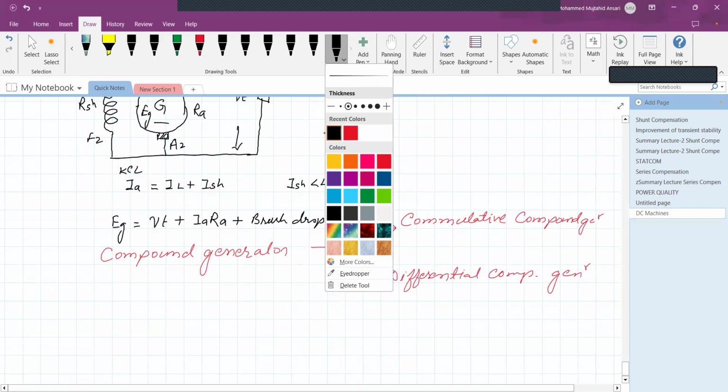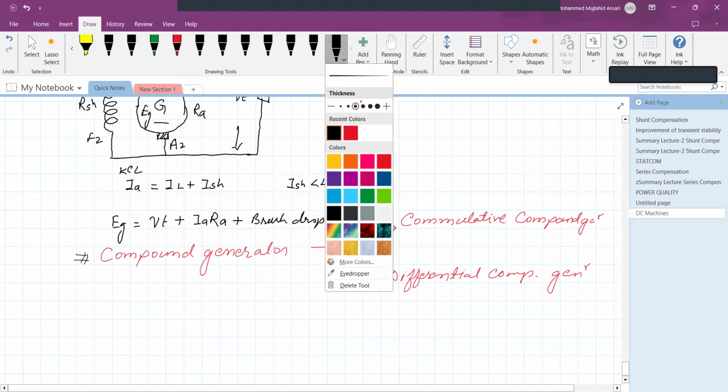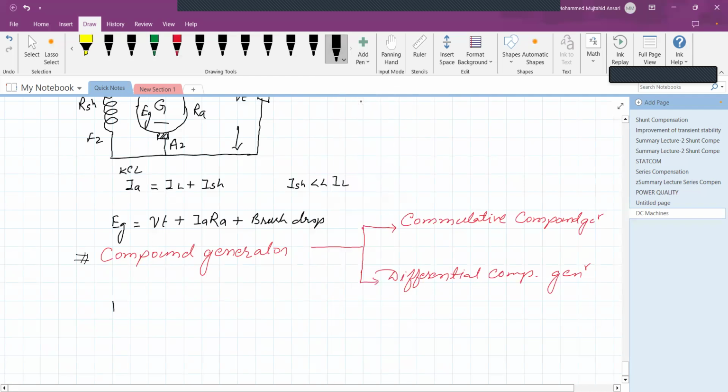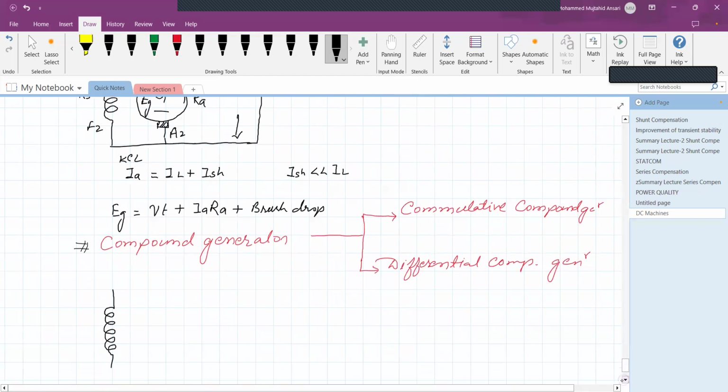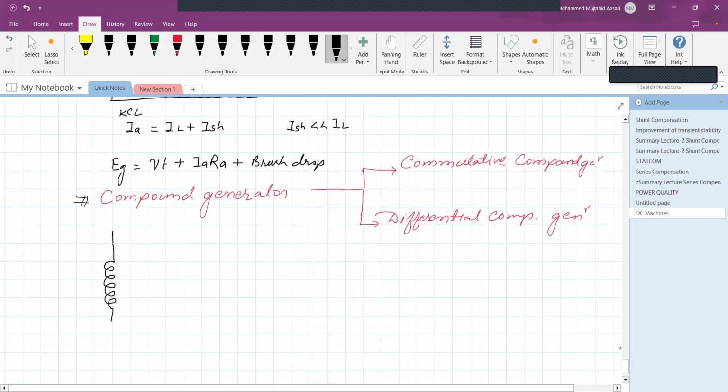So the diagram: compound means that it comprises shunt field resistance, or shunt generator. This is the shunt field winding, and it consists of a series field winding also.